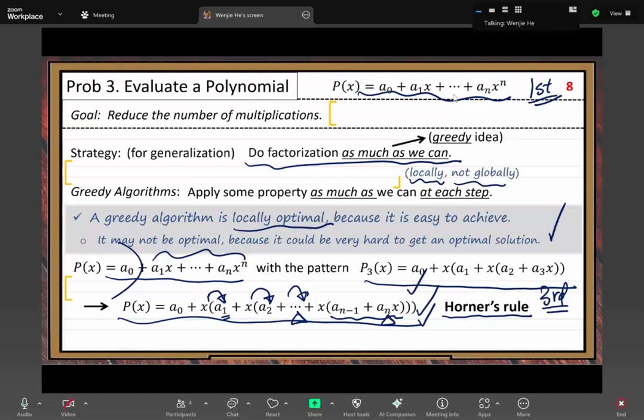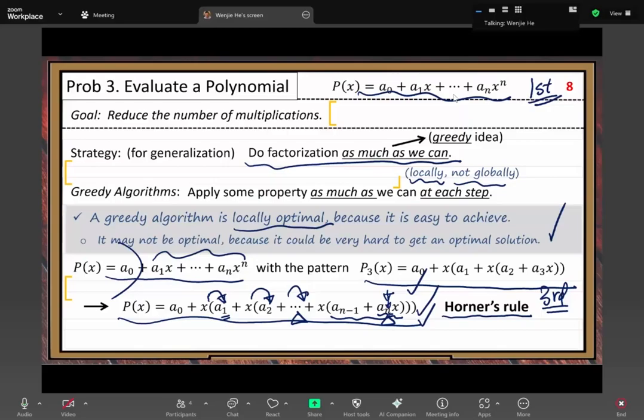That kind of 1-to-1 correspondence. The last multiplication is associated with its own subscript, An, right here.